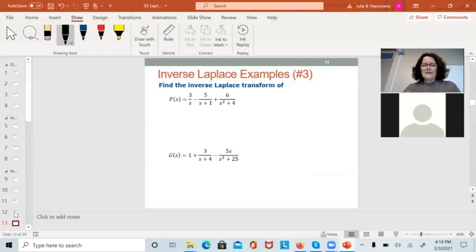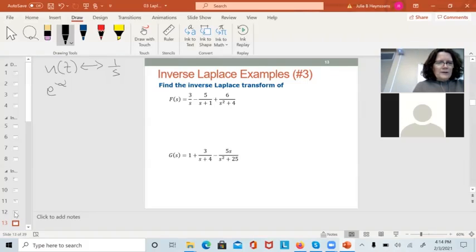Okay, so we want to find the inverse Laplace transforms. These terms are already broken down. I look at my table and u of t transforms to 1 over s. Wow, I remember some of these. E to the minus alpha t transforms into 1 over s plus alpha. Oh, I'm going to have omega. I'm going to have to look at my table for the next one.